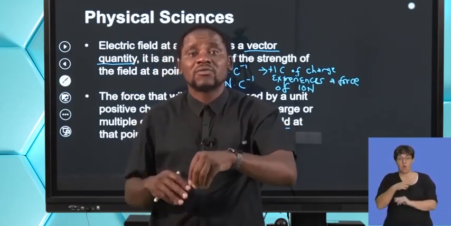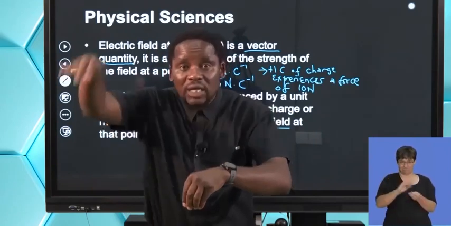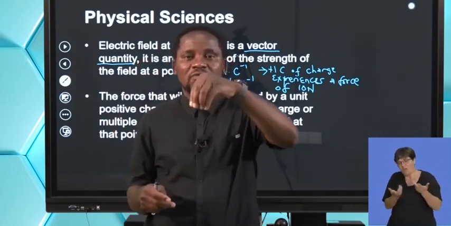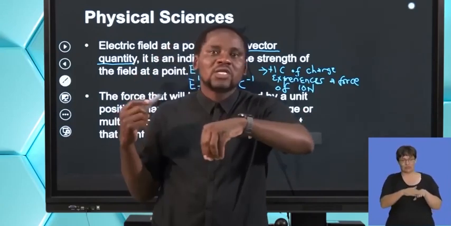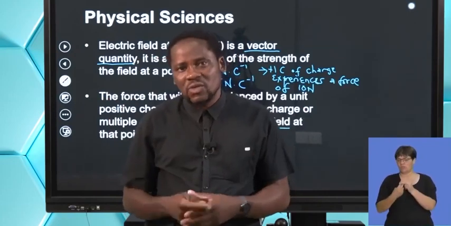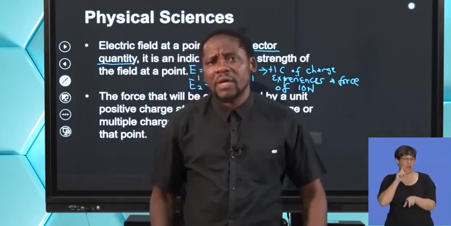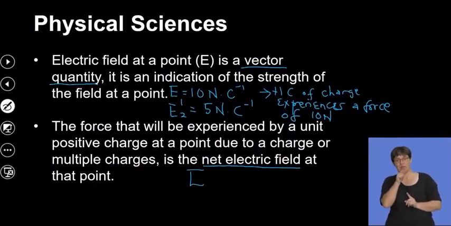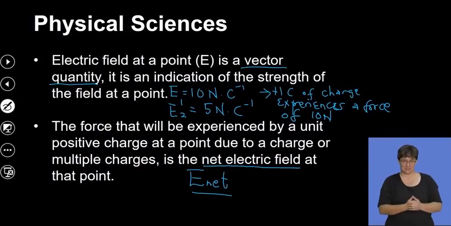As a result, we can talk about the total or the combined effect of the forces exerted by the charges at that point on the unit positive charge, which is our test charge, if we may call it that. So that's the big idea behind E net, which is primarily our focus for today.